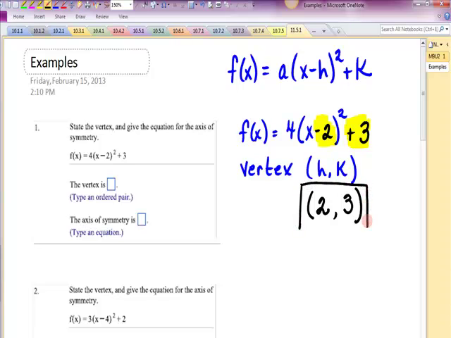The vertex is the point 2, 3. Always opposite of this number, take this number. The axis of symmetry, type an equation. So the axis is always x equals, and then all you have to do is grab the h value, 2. It is the line x equals 2. So 2, 3 is the vertex. x equals 2 is the axis of symmetry, a vertical line.